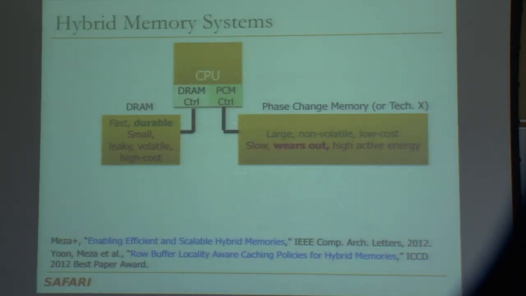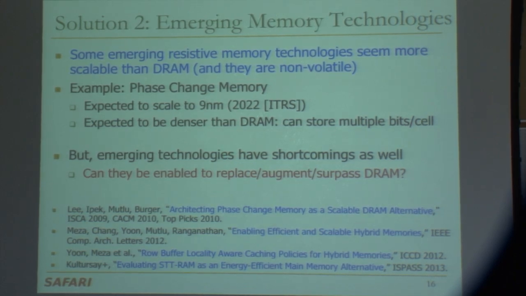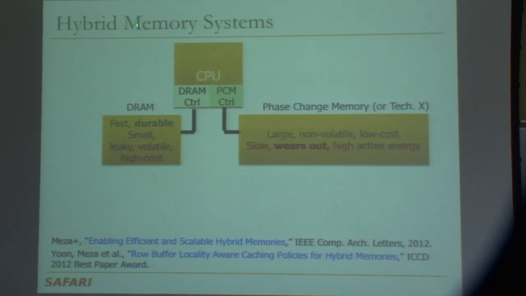So as I said, the best solution is really looking at both, right? You would like to tolerate DRAM, and you would like to also enable emerging technologies, especially because these emerging technologies have many shortcomings as well. They're not as fast as DRAM, and they wear out. This leads us to hybrid memory systems that look like this. You have a processor connected to different types of memories, heterogeneous.